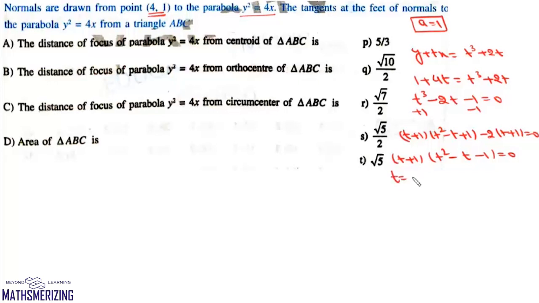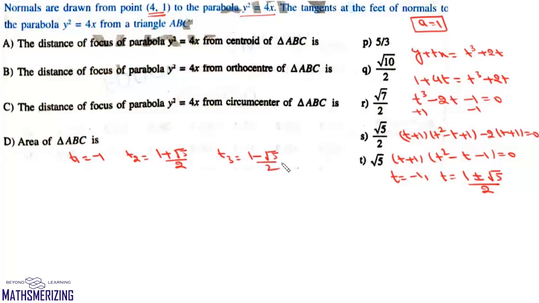So the value of t is minus 1, or the value of t is (1 plus or minus root 5) upon 2. So now we have t1, t2 and t3. Suppose t1 is minus 1, t2 is (1 plus root 5) upon 2, and t3 is (1 minus root 5) upon 2.